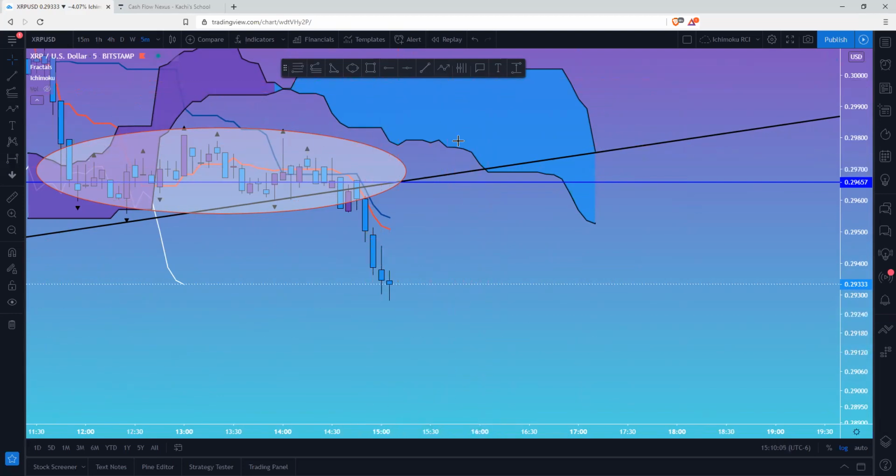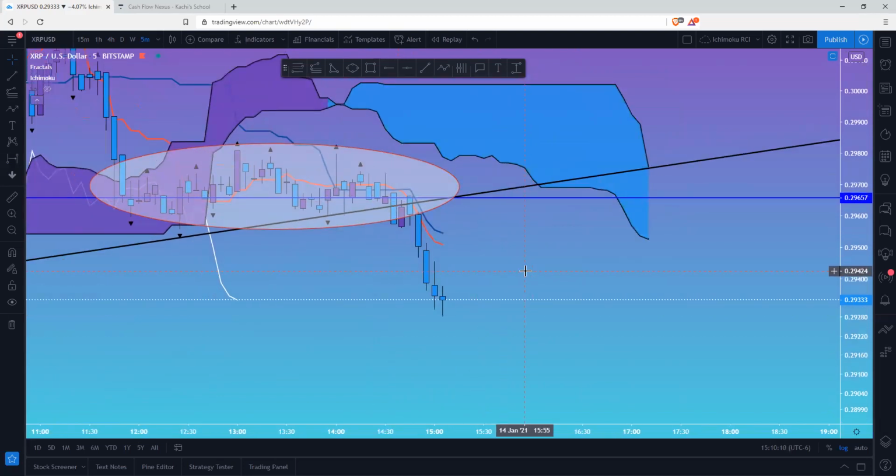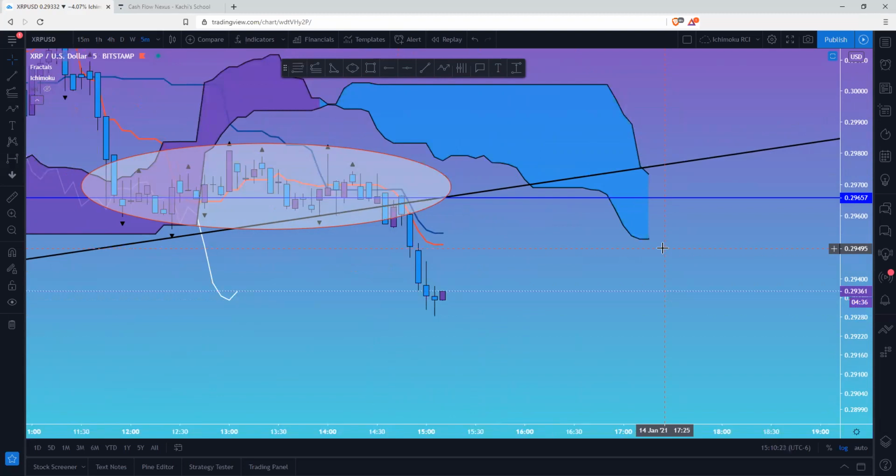And so remember the rules of the Tenkan-sen. If the price holds at the Tenkan-sen, what does that mean? It's gonna bounce back. It's saying it's a strong trend.